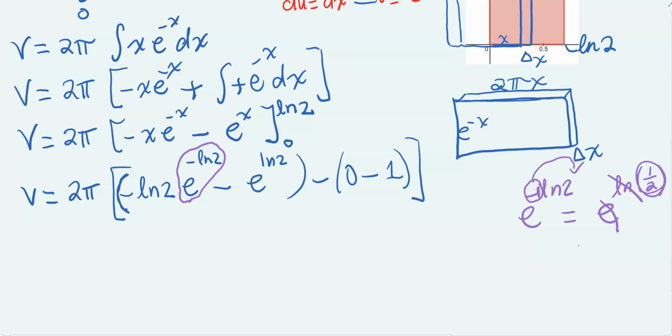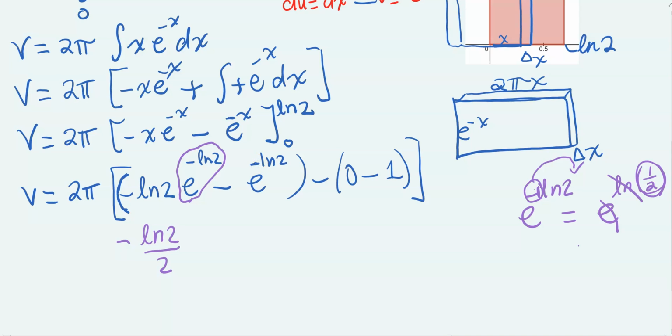So that becomes negative ln of 2 over 2. Okay, and here, we're missing the negative sign right there, right? So this is negative.